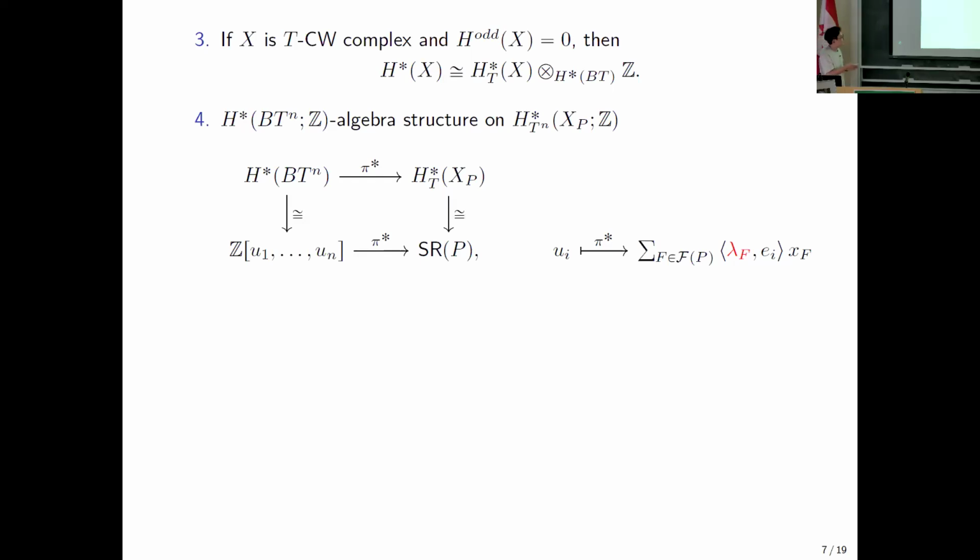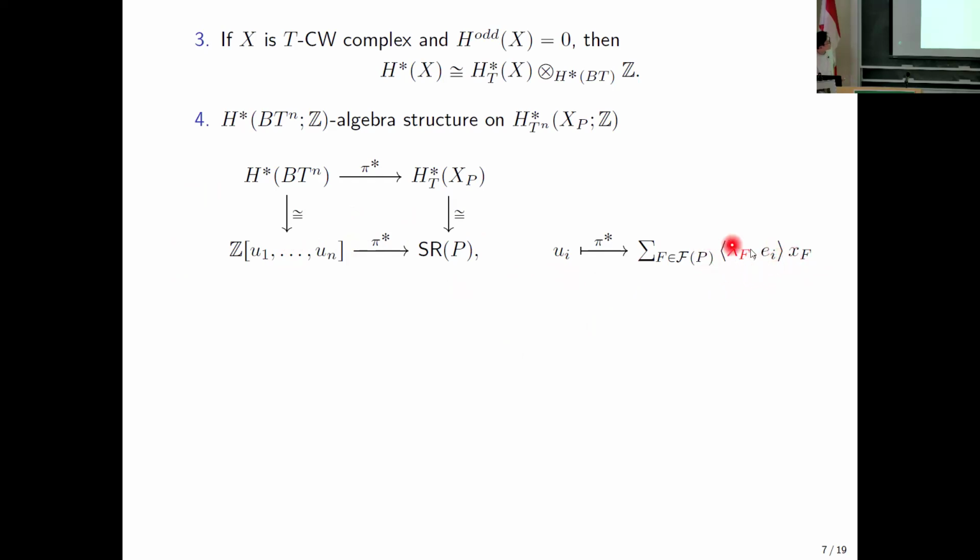So in order to understand this H^*(BT) algebra structure, I have to understand this pi star at the level of this ring, right? If you analyze this algebra structure, then if I take a generator in this polynomial ring, it goes to some linear combination of degree 2 generators.